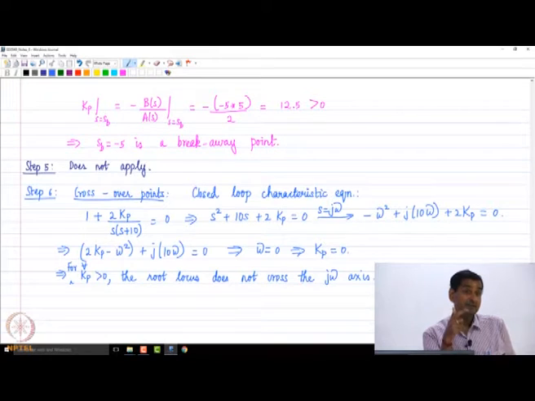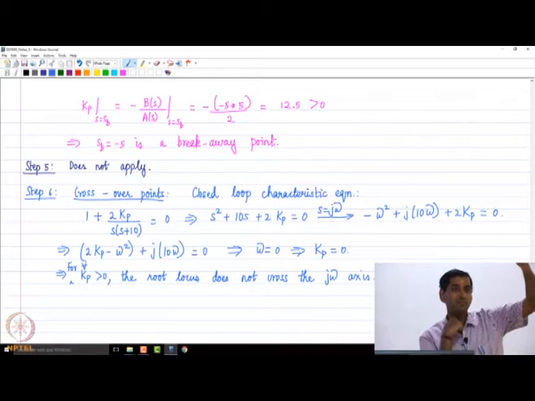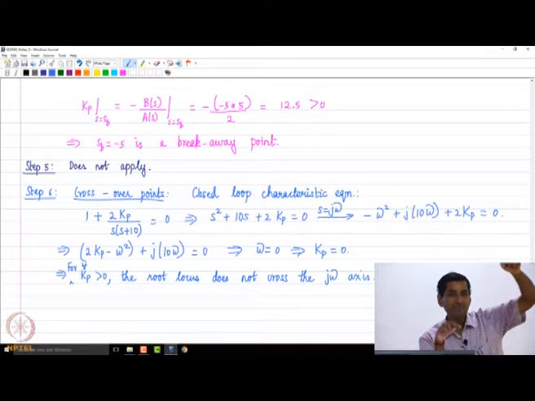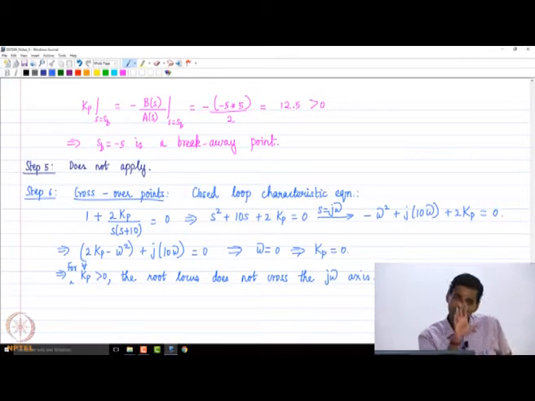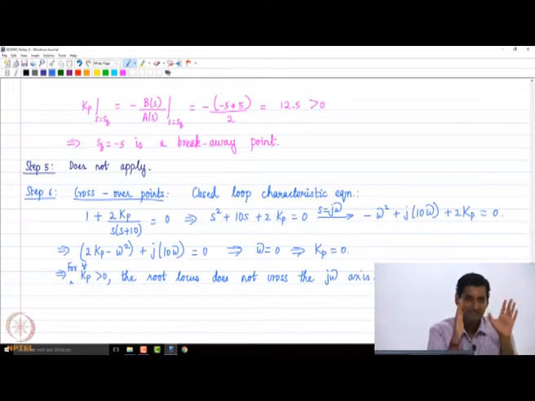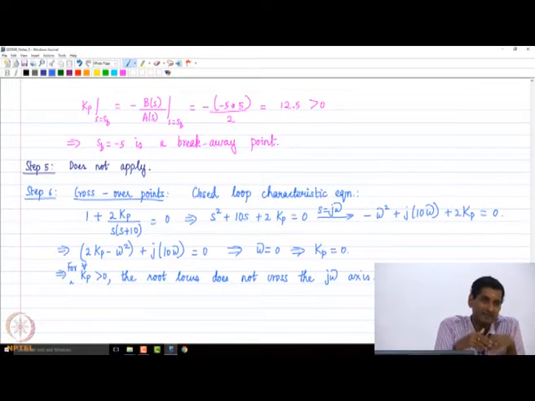In fact, that happened last week, if you recall, when we considered another example where we had open loop poles at plus or minus j. It was not a crossover point, but the two branches started on the imaginary axis. You are correct, but what I am adding is that this only says that 0 is not a crossover point. It does not exclude the fact that we can have crossover points on the imaginary axis.